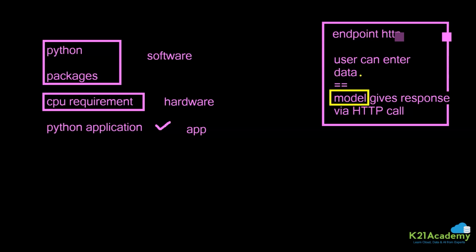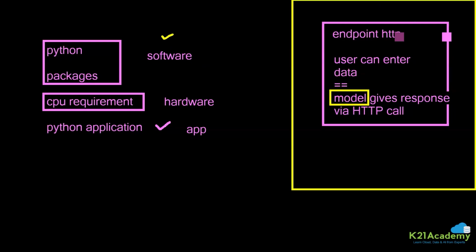When the user sends the data to invoke the model, we also need to have the software. Suppose this is my virtual machine, my VM. When we are going to call the model, suppose the model is somewhere here. This model needs to have the Python packages and the correct CPU to be able to give the response back.